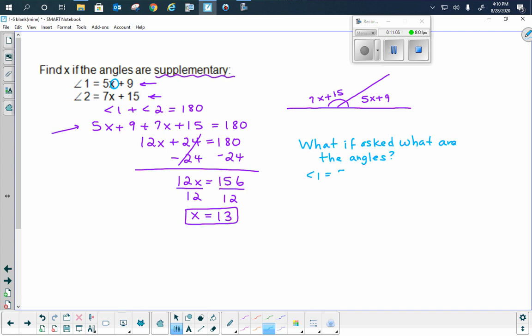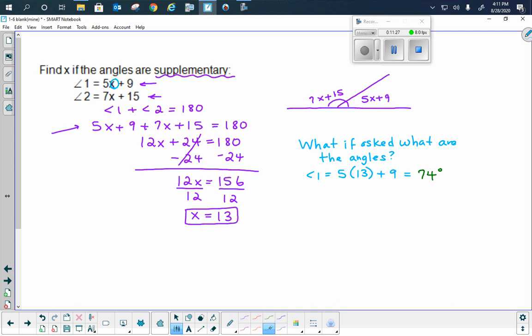So you're going to say 5, remember, we write times with parentheses or a dot. You should be using parentheses now. Plus 9. Order of operations says do multiplication first. So do 5 times 13 and then plus 9. And you will get 74 degrees.